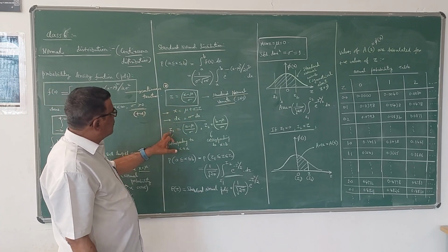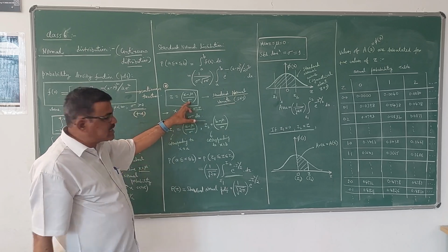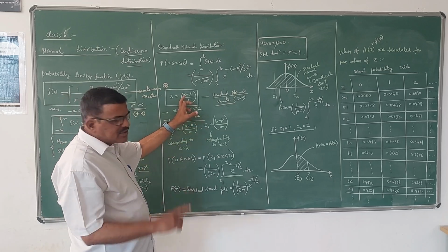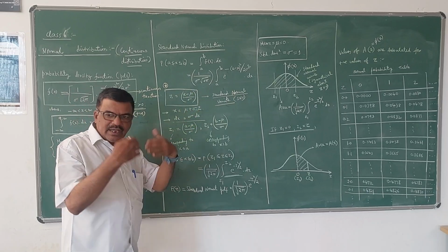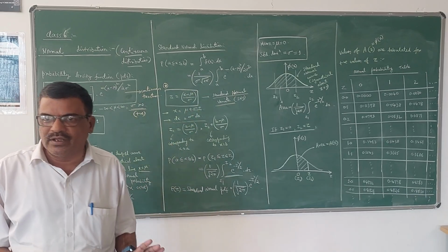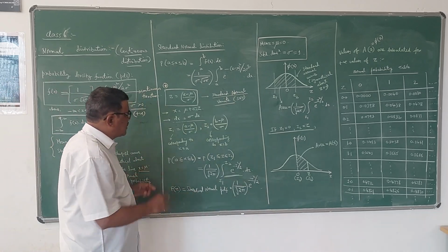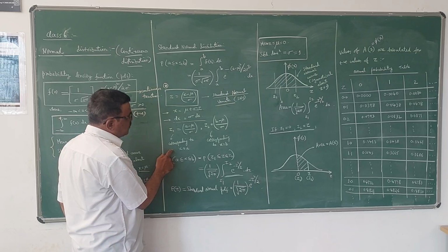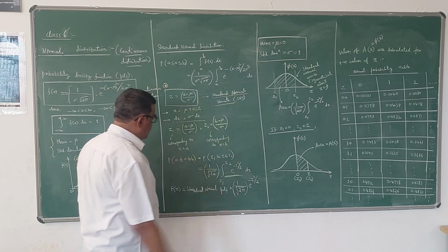So z1 is equal to a minus mu by sigma. Here mu and sigma are constants. And z2, x is equal to b, you have to take b minus mu by sigma. I am changing x to z, that's all. I am transforming a variable x to z. So this value z1 corresponds to x is equal to a, z2 corresponds to x is equal to b.